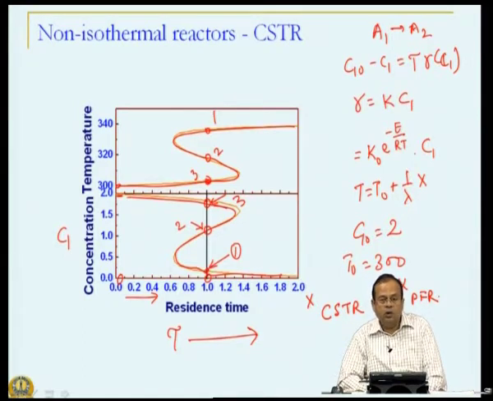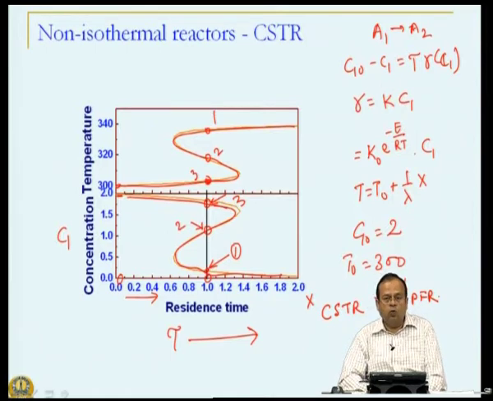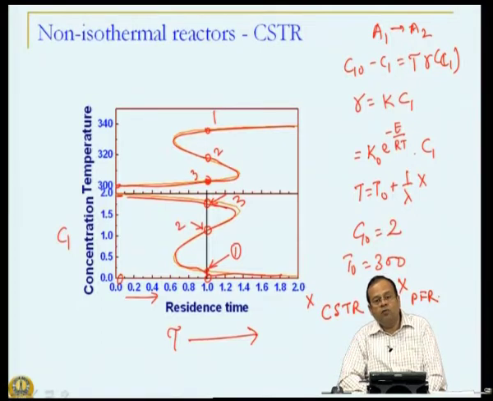In a plug flow reactor, concentration decreases from the entry point to the exit point in a gradual manner. So, the rate of reaction also decreases in a gradual manner. In CSTR, the entry to exit drop in concentration is almost instantaneous. Therefore, the reaction rates are very low, whereas in a plug flow reactor, there is a gradual decrease in reaction rate. So, in general, reaction rates are higher than in a CSTR, and therefore we have a higher rate of reaction in the plug flow reactor.